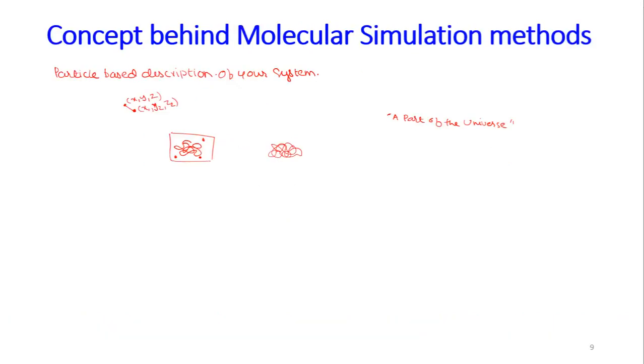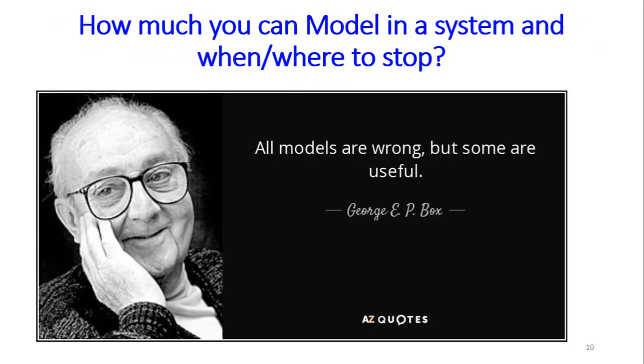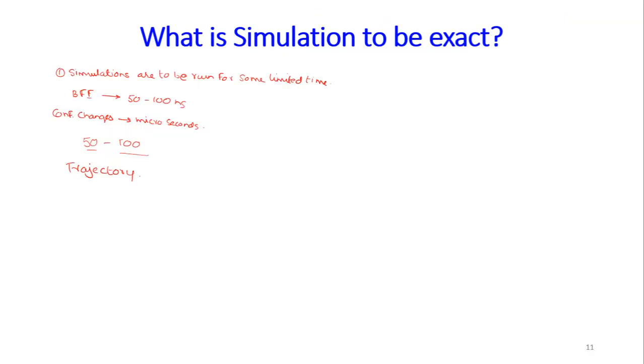Then we discussed how we describe our system in a particle based description, and how systems are supposed to be modeled for molecular dynamics and simulation. What is to be included, where exactly you need to stop, what is to be considered, and what is not.